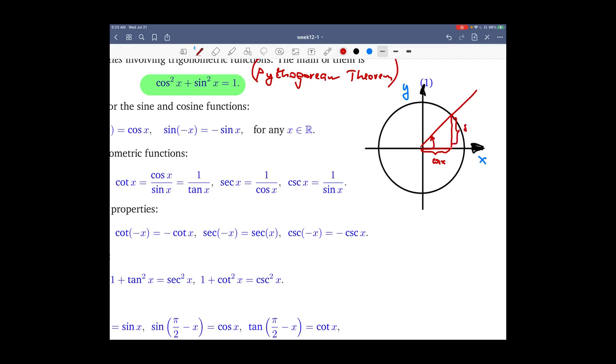This distance here is sine x, that's another leg. And the hypotenuse is 1 because that's a unit circle. So by Pythagorean theorem, square of this leg, which is cosine squared, plus square of this leg, which is sine squared, equals 1 squared, which is 1.